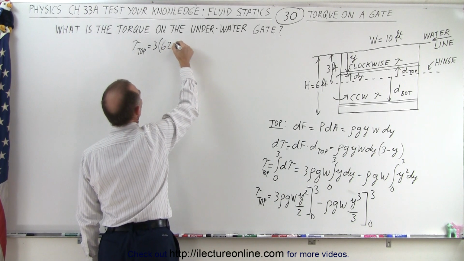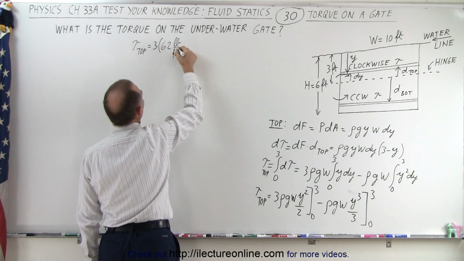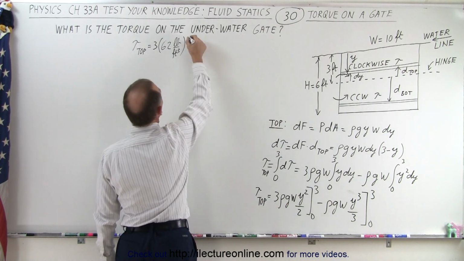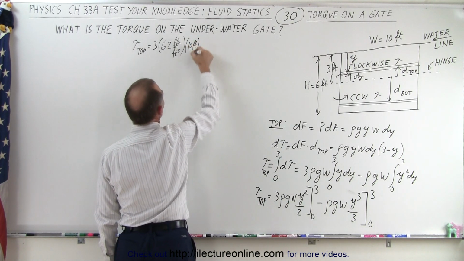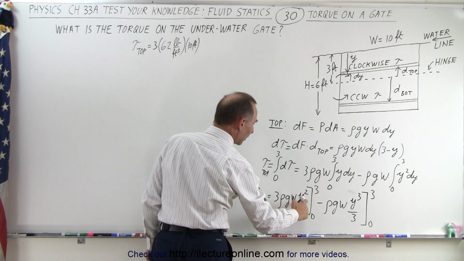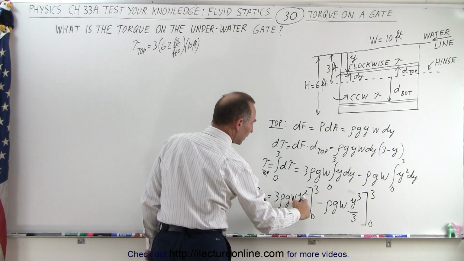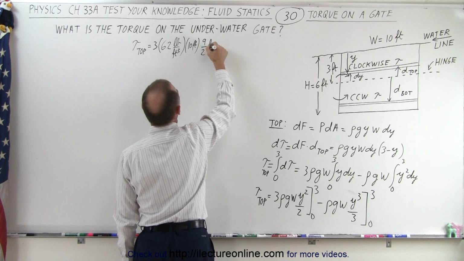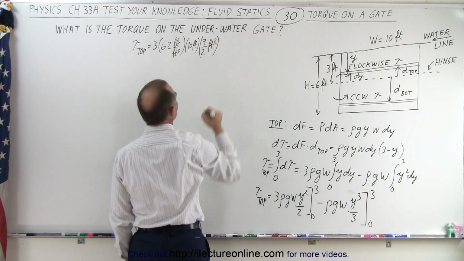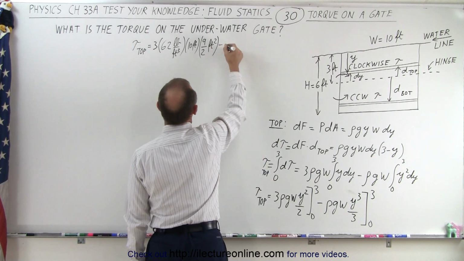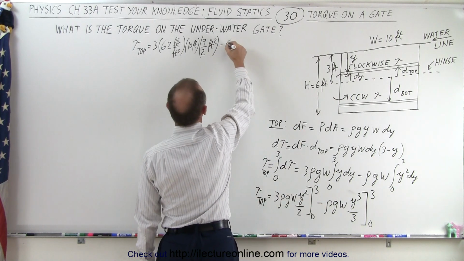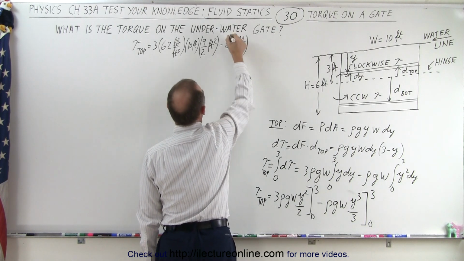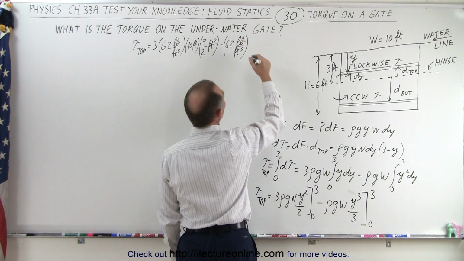That's rho times g. W is going to be 10 feet. And then we have y squared over 2, that would be 9 over 2, that would be feet squared, like that. Minus rho times g, which is 62 pounds per cubic foot. We have w, which is 10 feet.